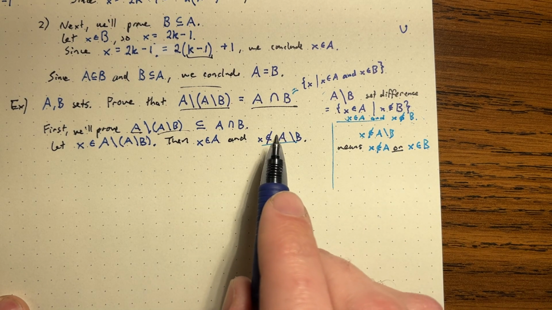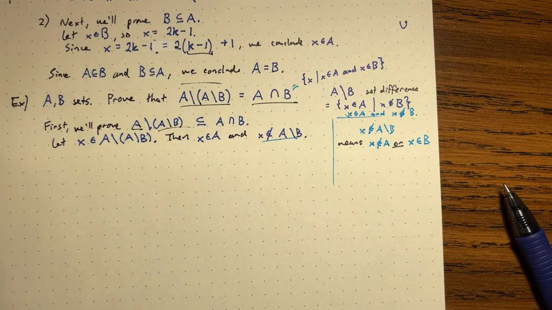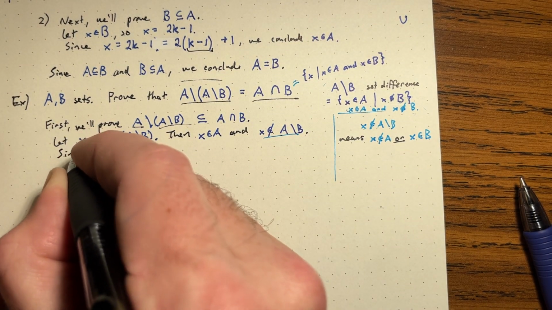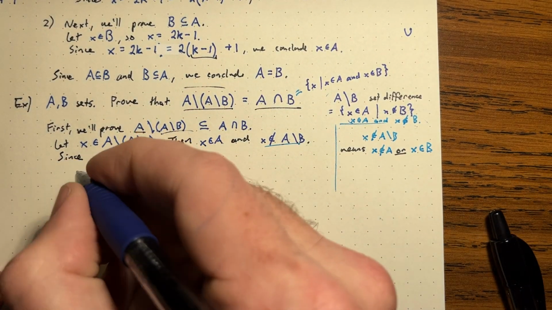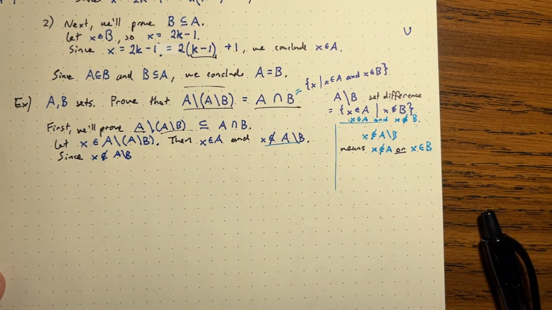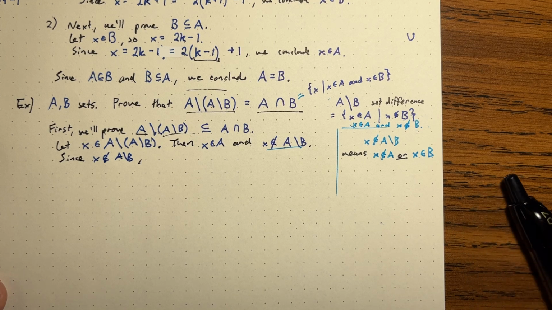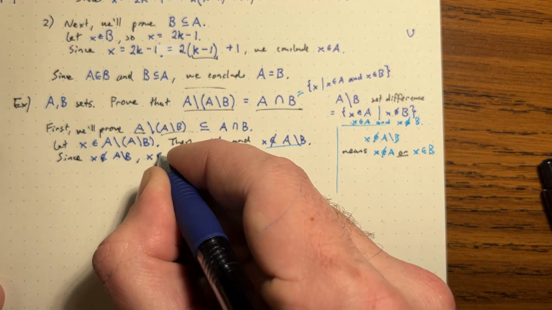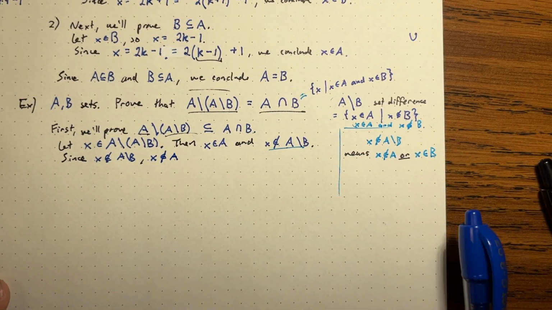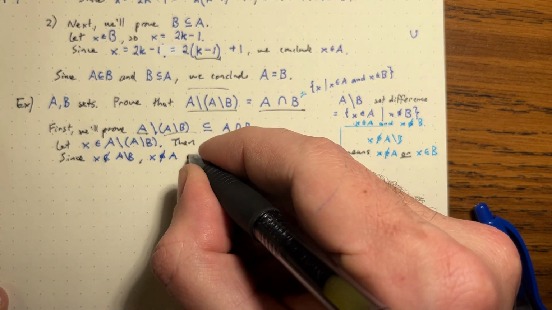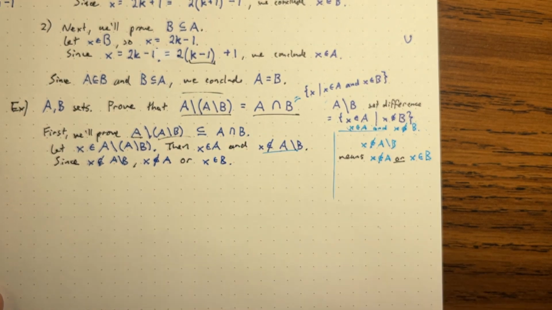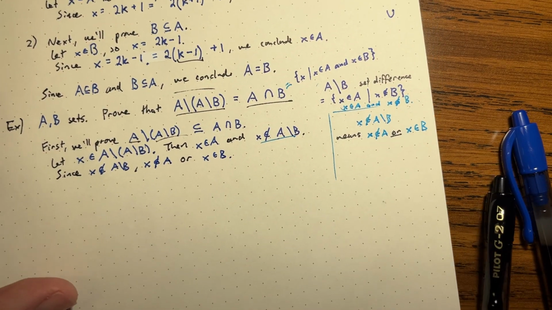Okay. Well, if I'm not in here, let's just write that out. Since x is not in A minus B, we know that x is not in A, or it is in B. But the first is impossible, right?